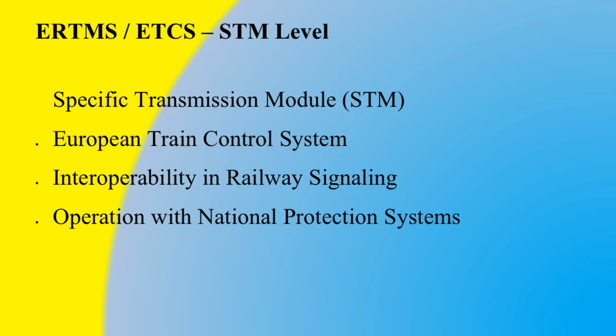One of the major challenges in European railways was that each country had its own national train protection system. The STM level was introduced to solve this problem and allow trains equipped with ETCS to operate even on lines that use different national protection systems.